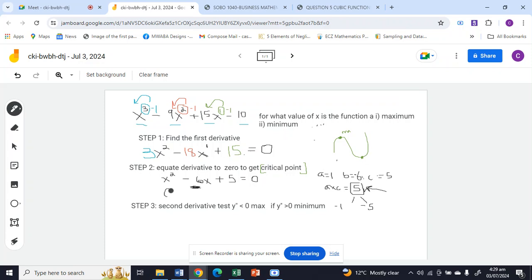So you just write here (x - 1)(x - 5). Okay, and then you equate them to 0. Right, so you solve both of them.